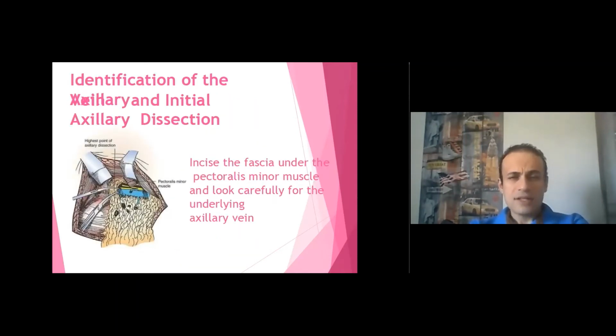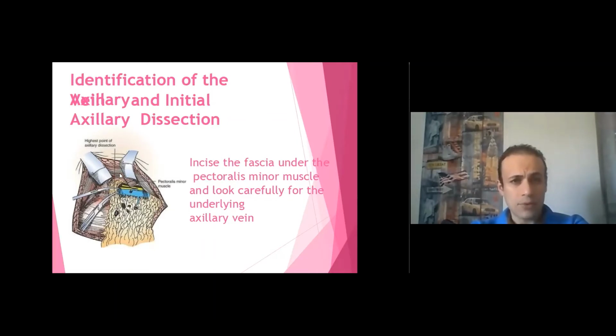For axillary dissection, if we need, besides the mastectomy, to also remove the axillary lymph nodes, we should incise the fascia under the pectoralis minor muscle, and we should also identify the axillary vein. Here is the pectoralis major, above is the pectoralis minor.